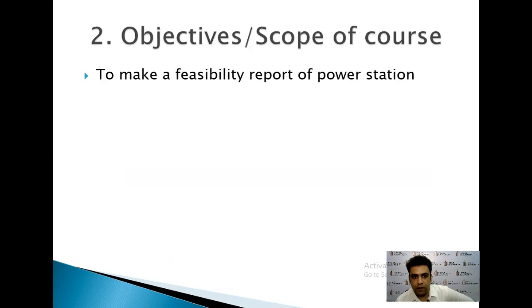To make a feasibility report of a power station: after studying this specific course, students will be able to make a feasibility report of any power station, because they will do load prediction, cost analysis, and look at the site and taxes. All this we are covering in this specific power generation subject.